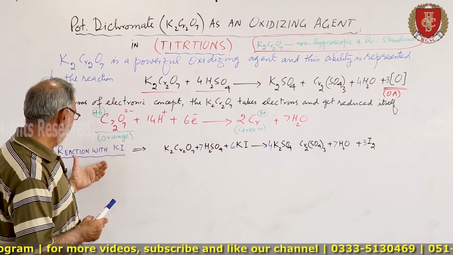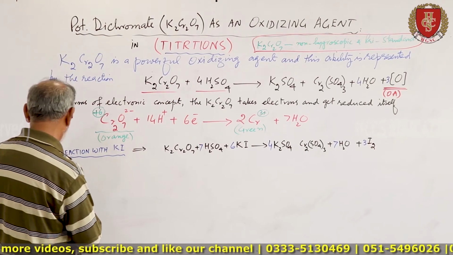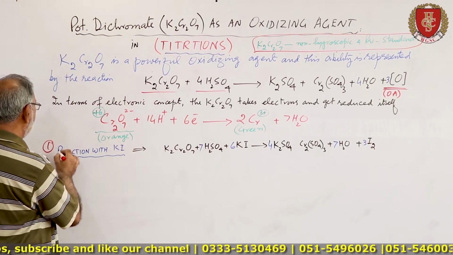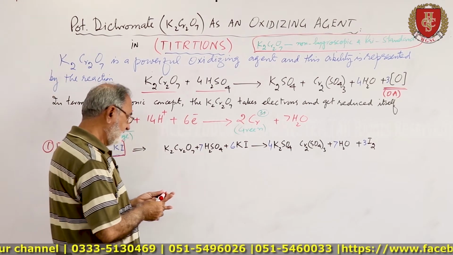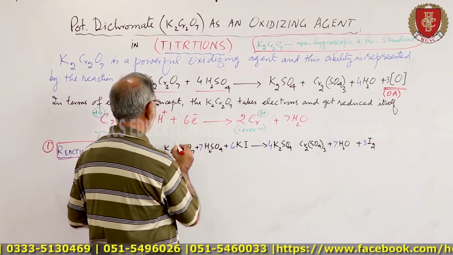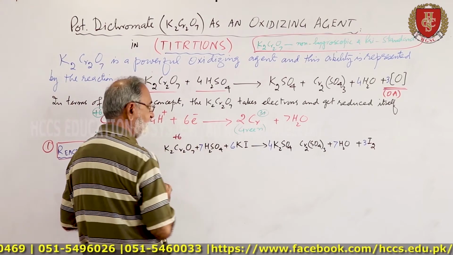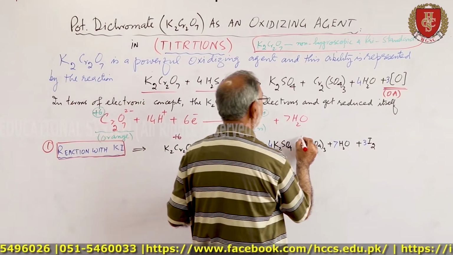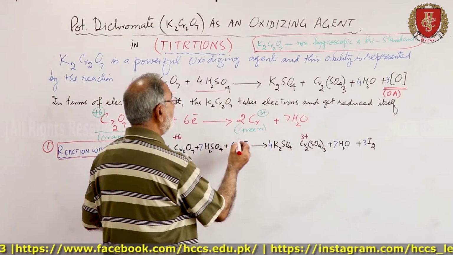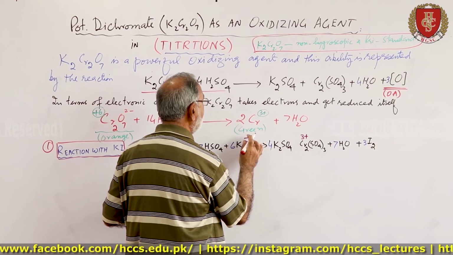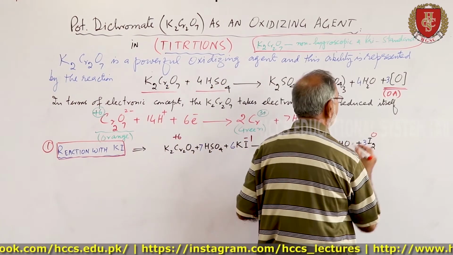Reaction number 1 is the reaction with potassium iodide. Here chromium is in plus 6 oxidation state, here it is in plus 3 oxidation state. Similarly, this is minus 1 and here it is 0.